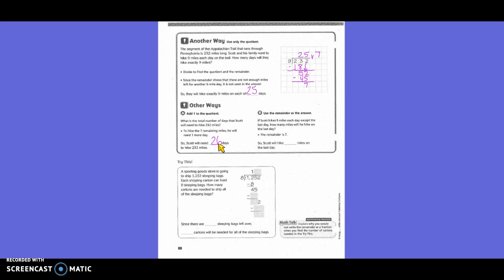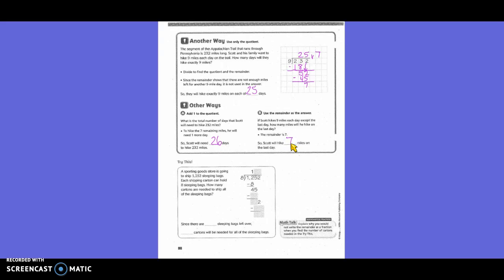Because he wants to do the full 232, we can't just leave those 7 off, right? And then B, use the remainder as an answer. If Scott hikes 9 miles each day, except the last day, how many miles will he hike on the last day? So remember, our remainder was 7. So Scott will hike 7 miles on the last day.